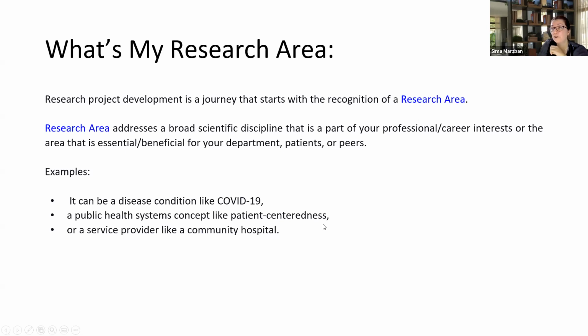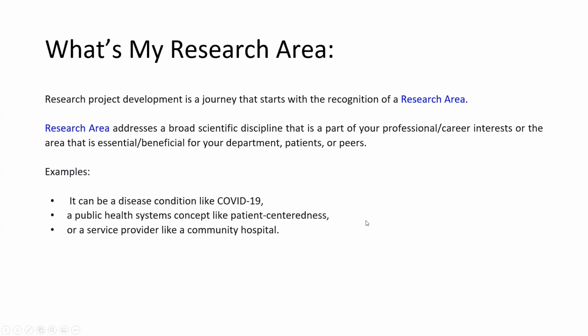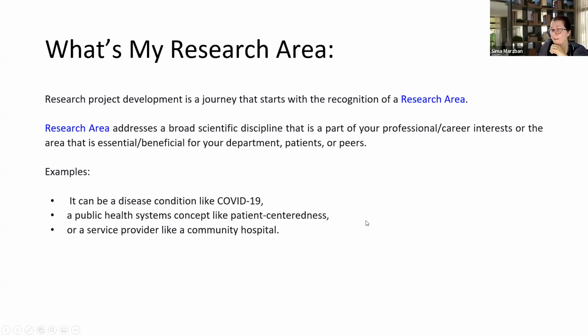Are you interested to continue your career with pharmaceutical companies, in conjunction with a research institution, in conjunction with an academic organization, with a university? You want to be a faculty or not? So consider all of these for defining and recognition of research area for your project.